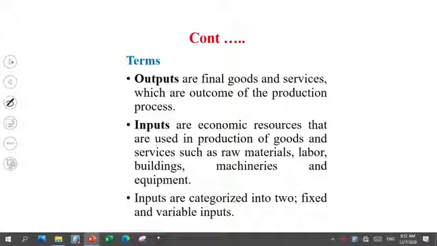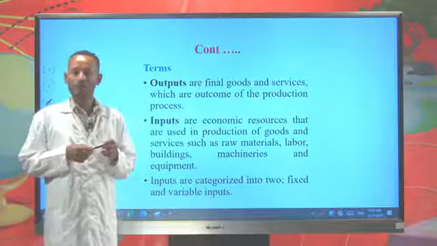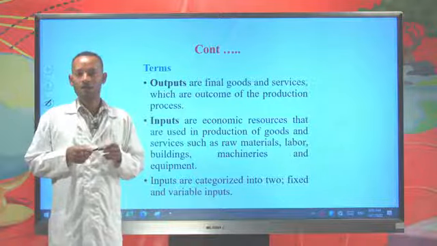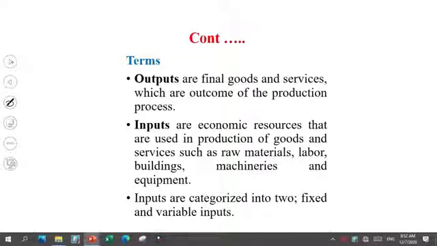But the inputs are those resources which can be used for the production of the outputs. If the farmer employs land, labor, fertilizer, and seed to produce the output wheat, then these resources are considered inputs.